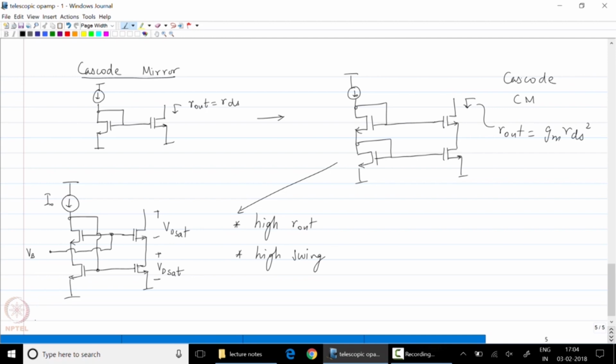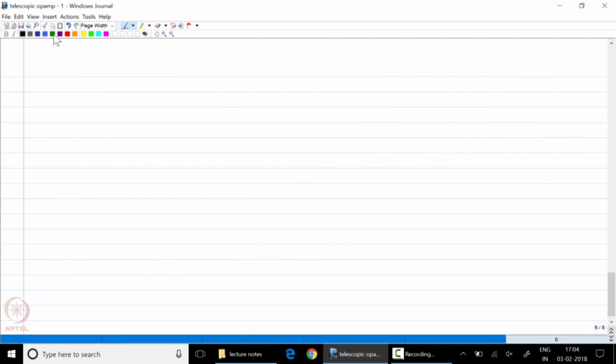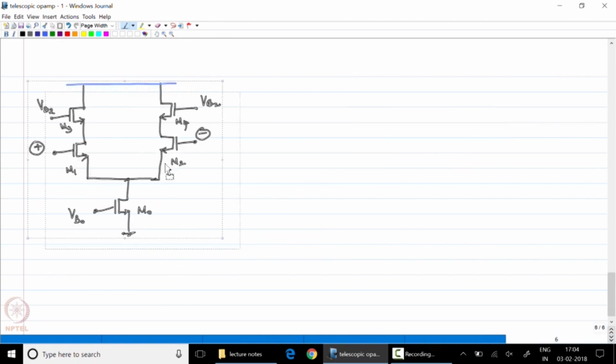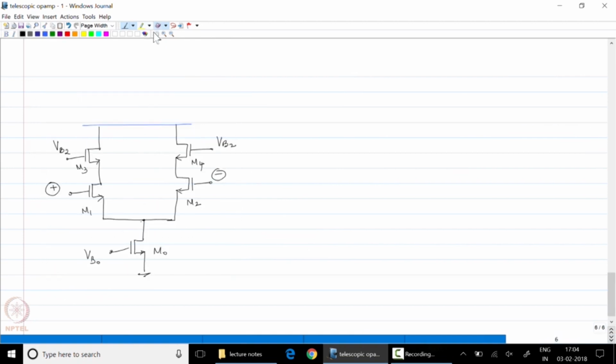So this is the circuit we are going to use, except we are going to use the PMOS version of this circuit. So let us now build the cascode op-amp by filling in the PMOS current mirror. This is VDD.